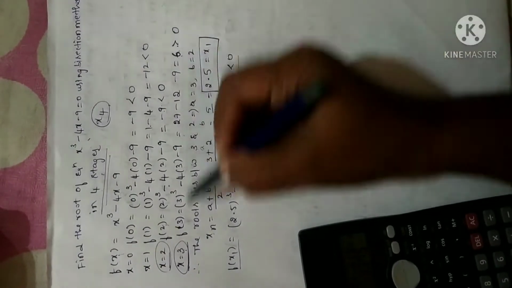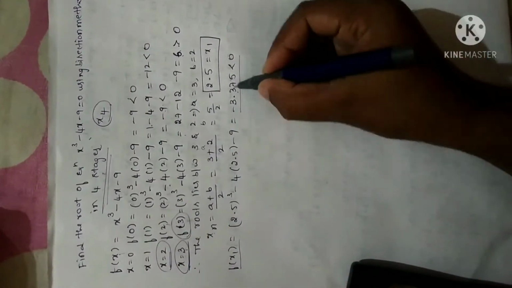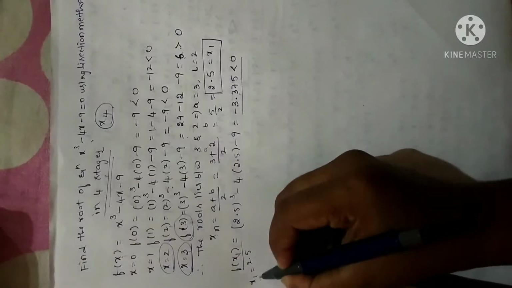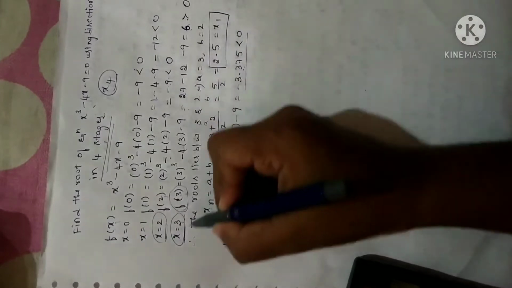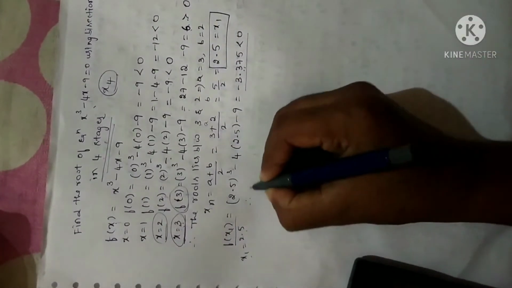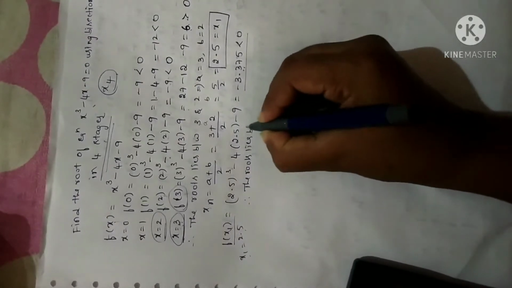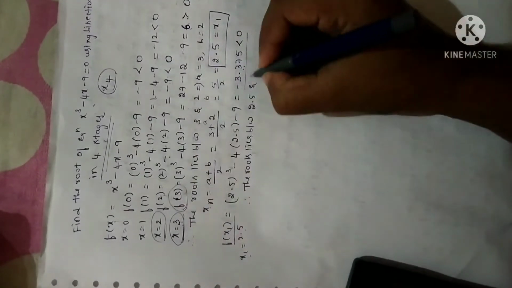Here is a positive value of f of 3 when x is equal to 3. Here a negative value for x1 is equal to 2.5. So when x1 is equal to 2.5, I have obtained a negative value. Similarly, when x is equal to 3, I have obtained a positive value. Therefore, I can write the root lies between 2.5 and 3.